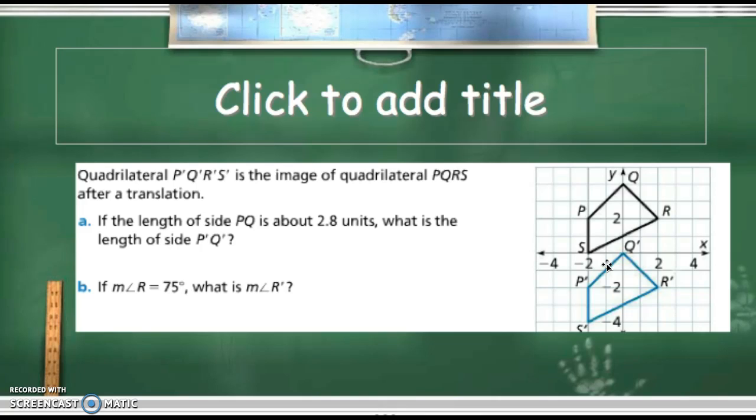And additionally, part B says if the measure of angle R is equal to 75 degrees, what is the measure of angle R prime?